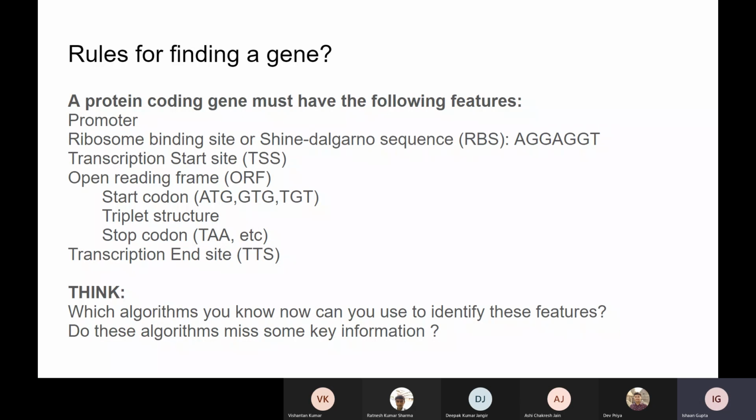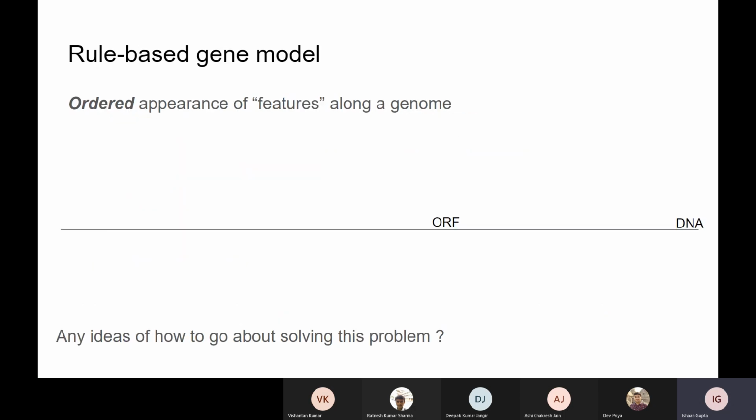Instead of asking you, I can just tell you: they are not telling you how these sequences appear, like what is the order of appearance of these sequences. Because each time you apply an algorithm, it independently finds whether you have a Shine-Dalgarno sequence, a promoter sequence, a start codon or a stop codon. But these are all present in a specific order, right?